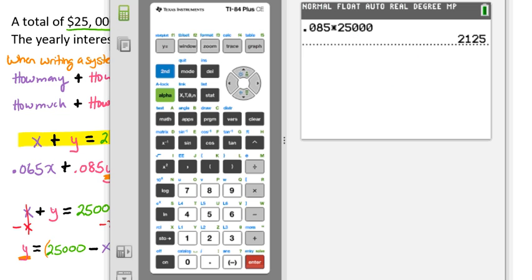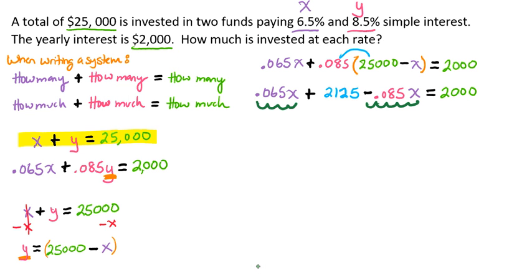We take our 0.065x and subtract 0.085x from it, because remember, there was a minus sign in there. So we have negative 0.02x plus 2,125, and that equals our 2,000.